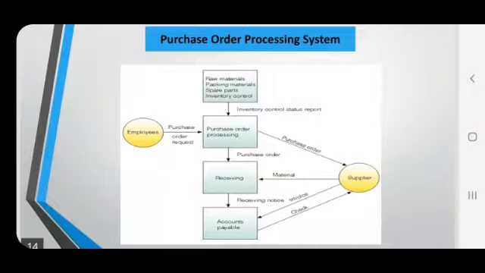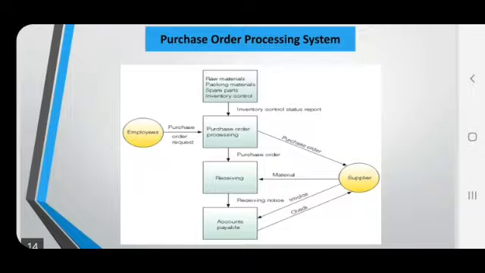Next guys, for the last type of TPS, it is purchasing systems. In the purchasing system, it supports functions such as inventory control, purchase order processing, receiving, and accounts payable. I have here an example of a purchase order processing system.